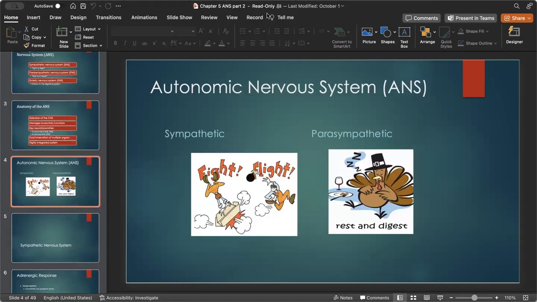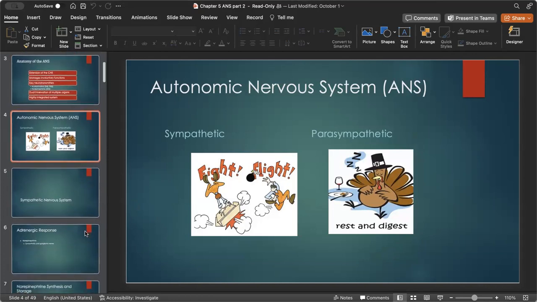So when you're working in the autonomic nervous system, you're talking about the sympathetic nervous system, or your fight or flight. Some of these symptoms, which I highly recommend you write down, are increased heart rate, increased blood pressure, gluconeogenesis, which means you're forming more glucose, so it's going to raise your glucose levels.